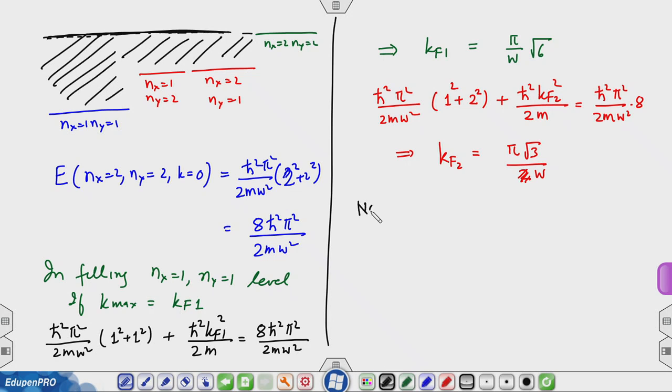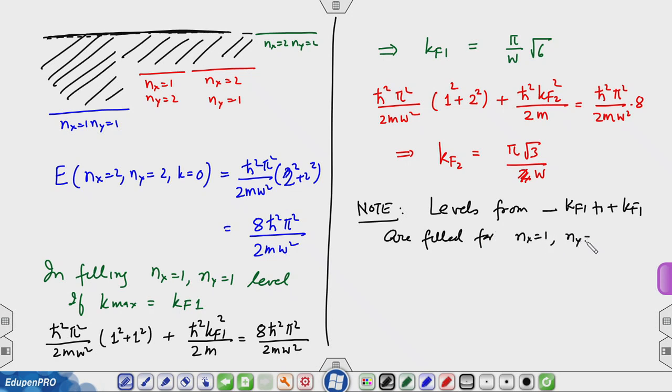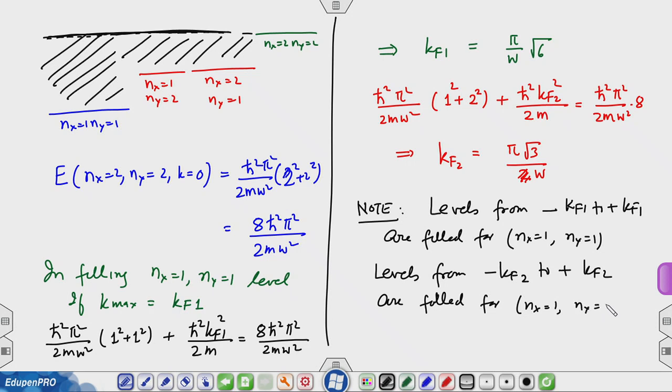Now, note, this is in terms of energy. So, what we should say is that the levels from minus k f 1 to plus k f 1 are filled for n x equals 1 and n y equals 1, and levels from minus k f 2 to plus k f 2 are filled for n x equals 1 and n y equals 2, or n x equals 2 and n y equals 1.